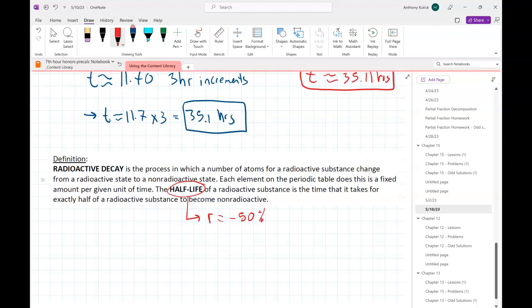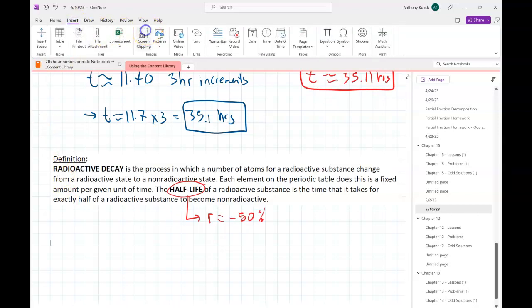Whenever we hear half-life, R is negative 50%, right? We know it's negative because of the word decay. It's radioactive decay, so there's a negative sign. And half is 50%, right? If something's on sale for half off, it's 50% off. Okay, now we'll look at the example.